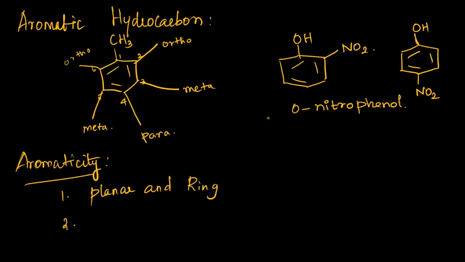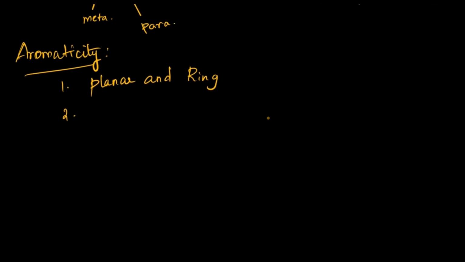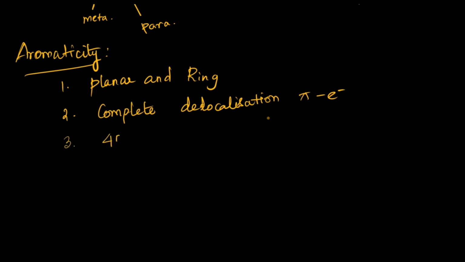Rule number 2, the compound must have the complete delocalization of pi electrons. And most importantly, the number of electrons used in the delocalization must satisfy the 4n plus 2 pi electron rule. Here n is equal to 0, 1, 2, 3 and so on.